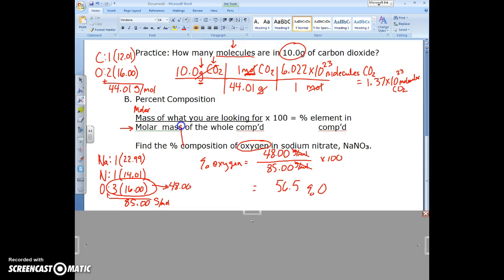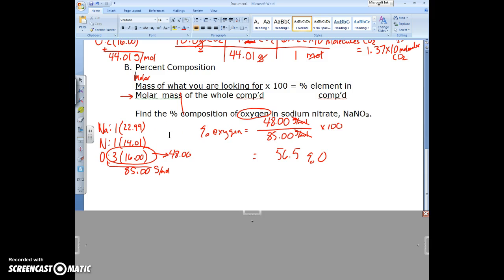So, if I were going to find the percent nitrogen next, again, part over whole times 100. The part I'm going to be looking for in this case is the nitrogen. I only have one of those, so I put 14.01 up here, grams per mole, divided by the mass of the whole thing, which is 85 grams per mole, times 100.